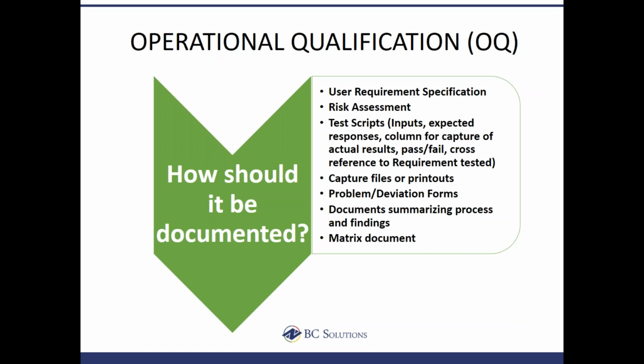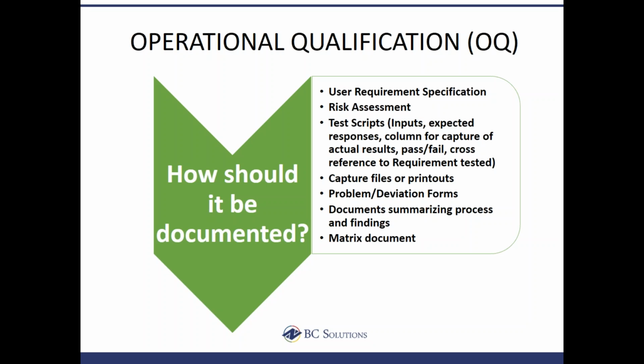So it's the responsibility of the blood bank to get these things done, and to make sure that whoever's doing your validation for you uses requirements, has a risk assessment, has test scripts. They have all these columns. They capture files or printouts that are stored with the documentation. There's a problem or deviation form, and there are documents summarizing the process and the findings.